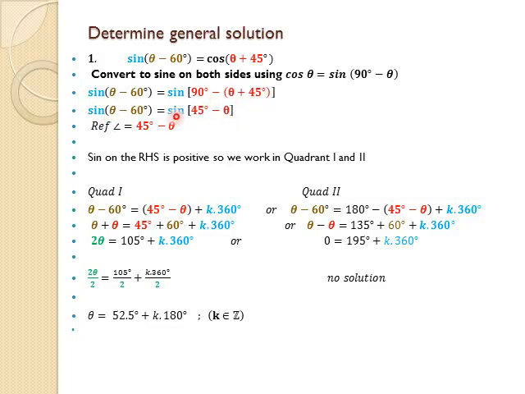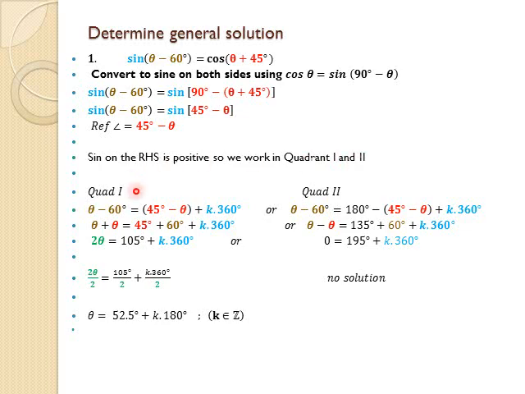Now because I have sine sine, I can take one of the two sides as a reference angle. So I'll stick with the right, 45 minus theta, and that is what I'm solving, theta minus 60 degrees. Now, the sign on the right-hand side and the left-hand side are both positive, so sine is positive in quadrant 1 and quadrant 2.